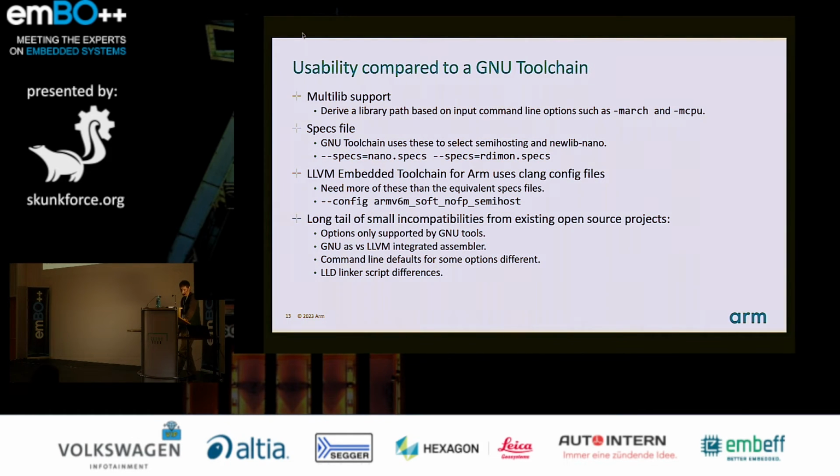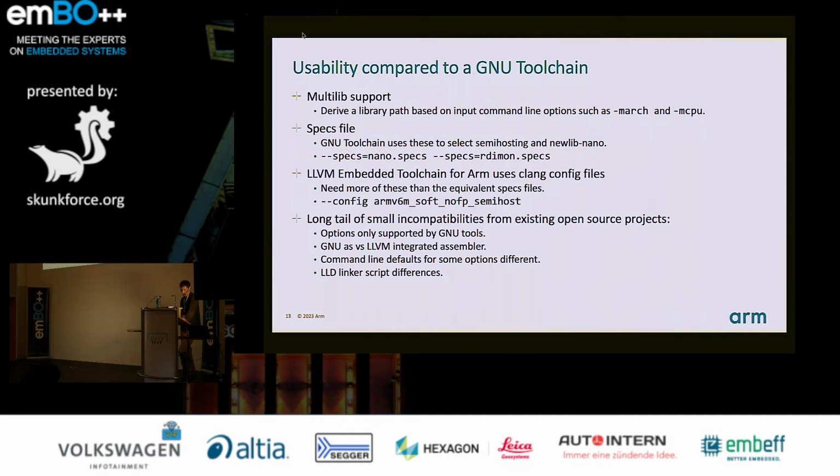Another thing that's missing is something called specs files, which are like fragments of command line configuration. I'll go into those in a little more detail later. In the GNU toolchain, you can choose between, say, newlib or newlib nano by using these specs files. Clang has something called config files that are similar, but not quite as general.